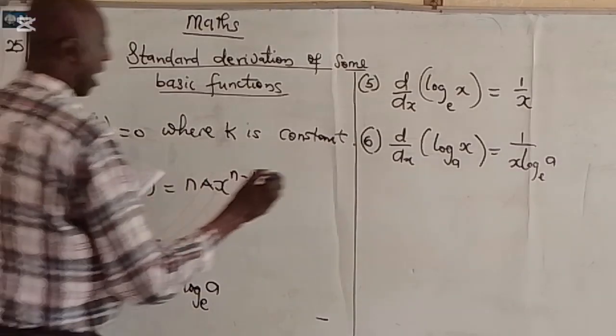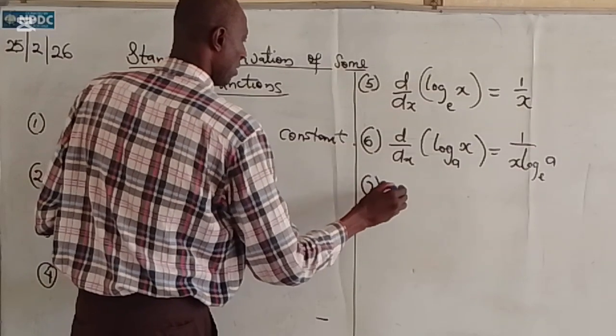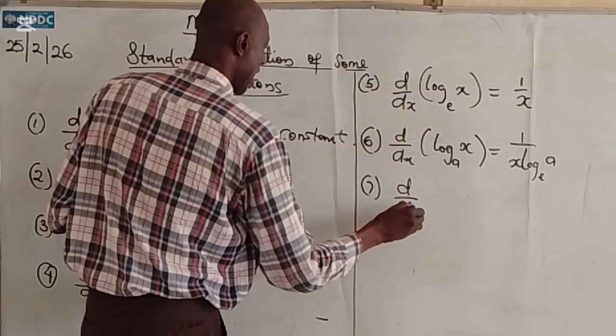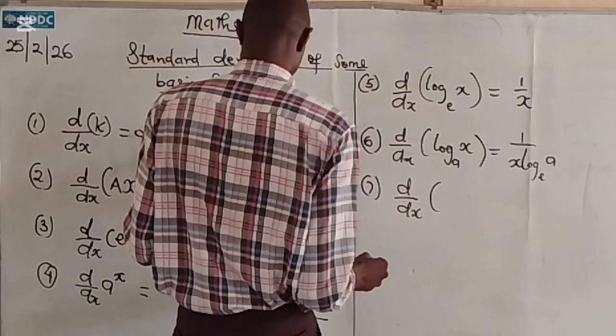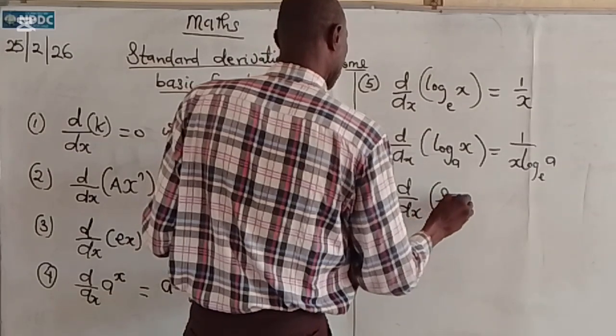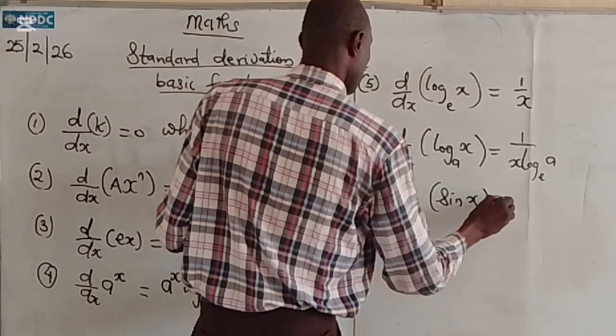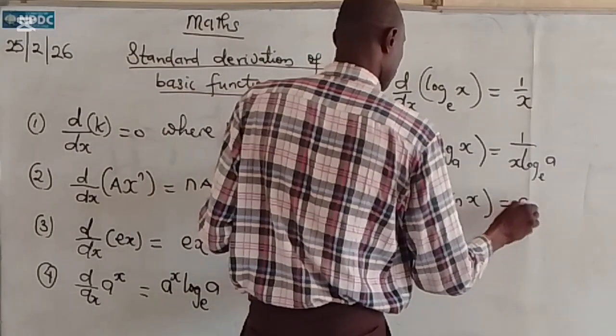Then the 7th one, d over dx of sine x. When you are differentiating sine x, it gives you cos x.